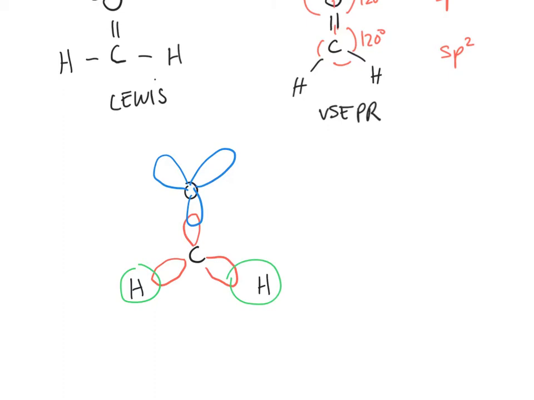So these are sp2s. And you have lone pairs here. Okay, that would be the sigma framework.